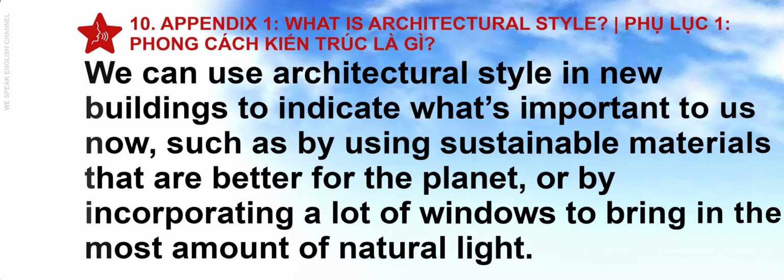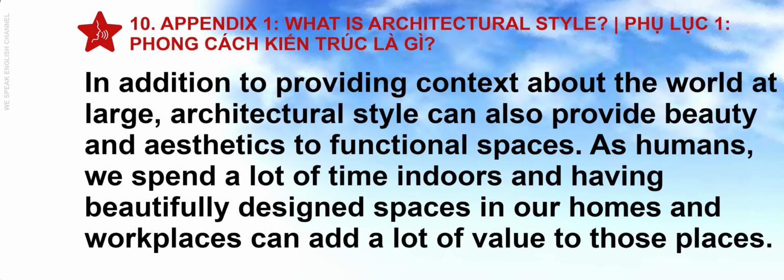We can use architectural style in new buildings to indicate what's important to us now, such as by using sustainable materials that are better for the planet, or by incorporating a lot of windows to bring in the most amount of natural light. In addition to providing context about the world at large, architectural style can also provide beauty and aesthetics to functional spaces.